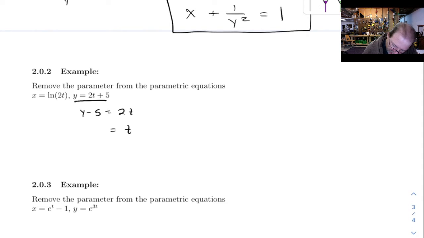So t is y minus 5 over 2. Or better yet, I don't need to solve this one all the way for t because of this 2t here. I'm going to plug into there and get x equals natural log of 2t. So that gives me x equals natural log of y minus 5.